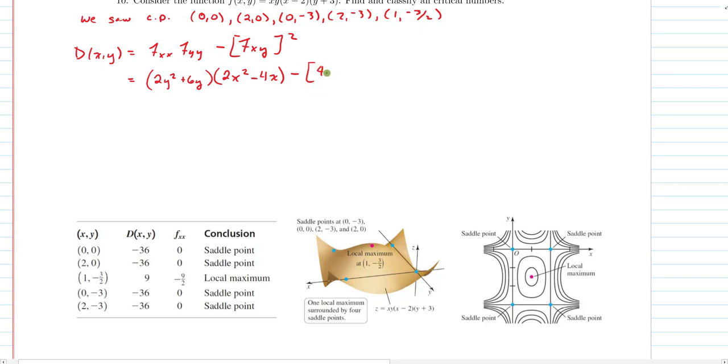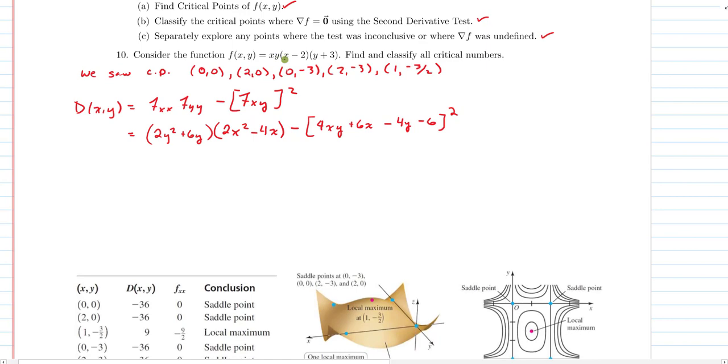And taking what we obtained for that, we had 4xy plus 6x minus 4y minus 6, and that's quantity squared. So this is our discriminant for this particular multivariable function, this one right here that we're looking at. So what we now do is we go through and we classify each of these critical points.